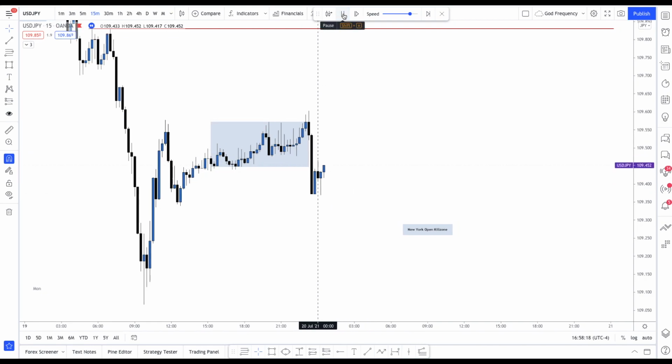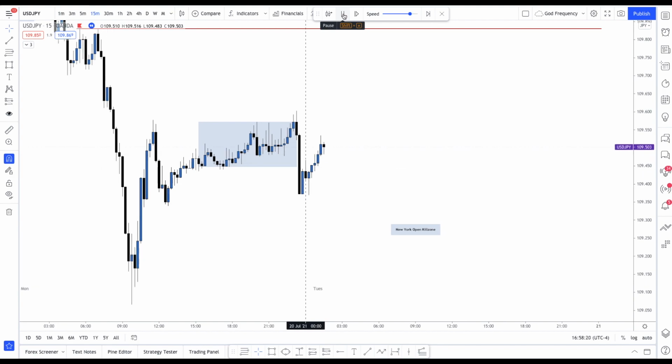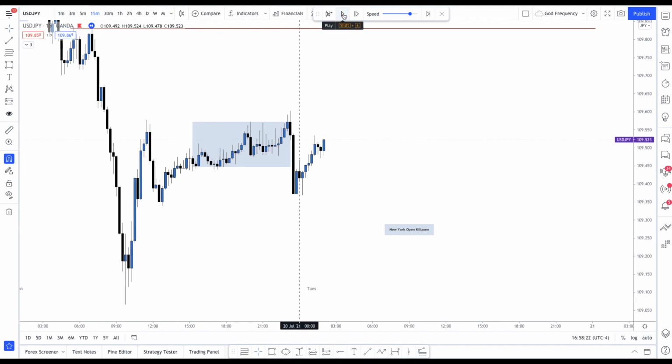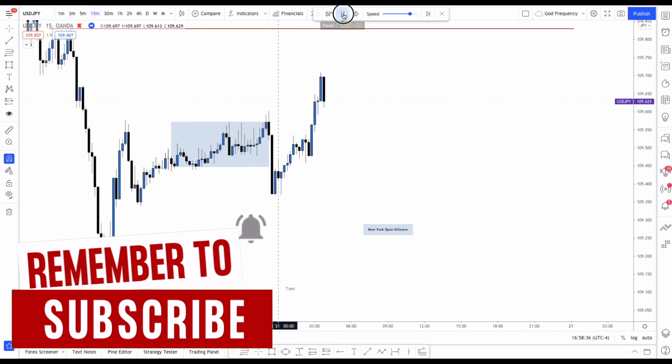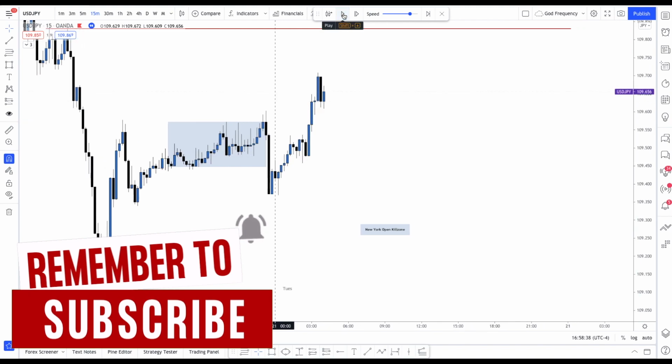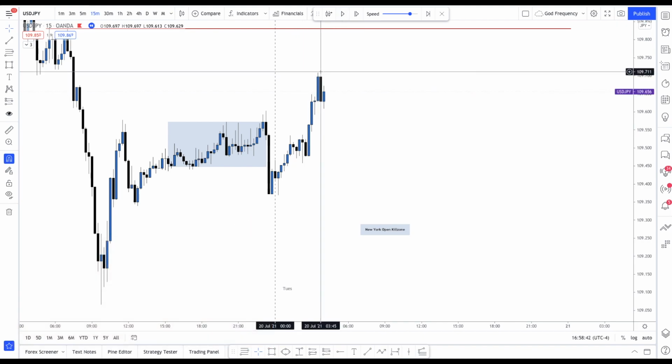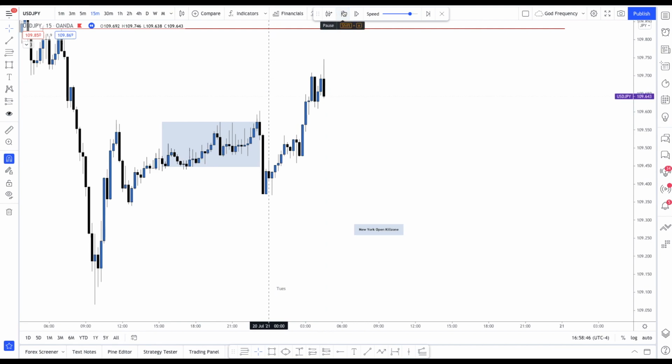Let's go through it and see what happens. During the London session, I would recommend you do this through the New York kill zone. Use London as a framework to see if we're going to have a reversal or a potential continuation. So we'll let London play out just to get an idea. London is here, and so far we hadn't taken out that high.